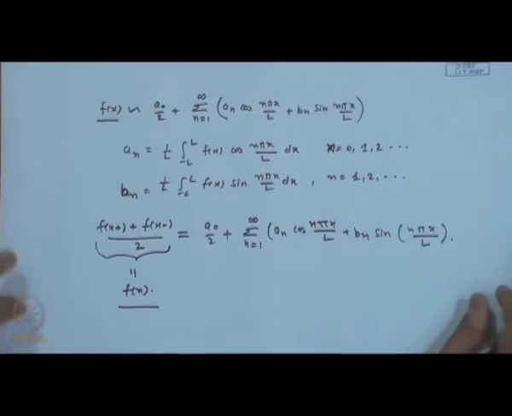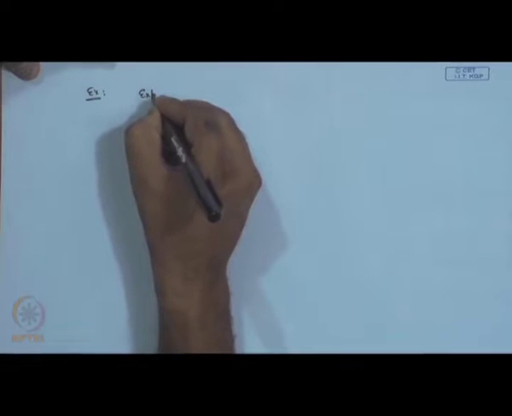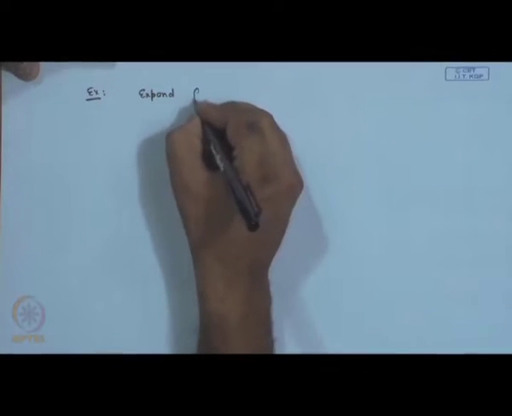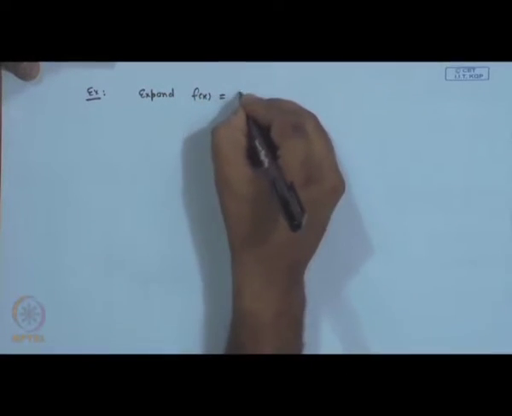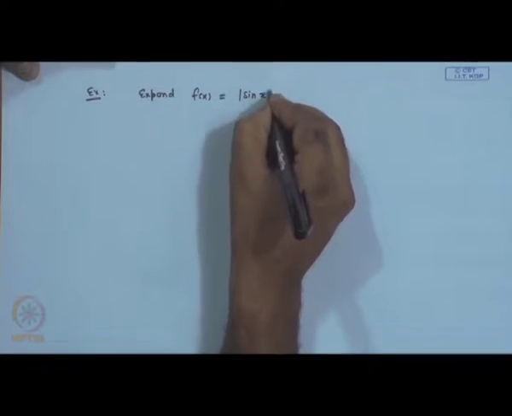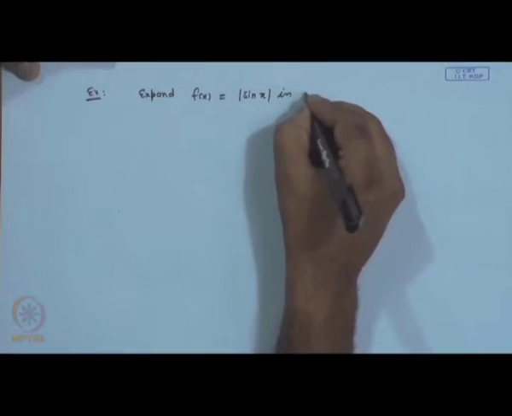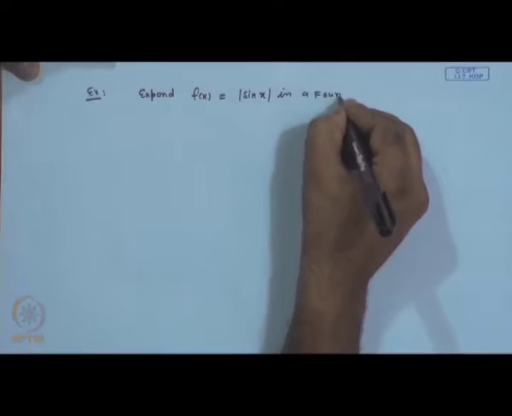So, now we continue with more examples, and the first example I consider here is: expand f(x) equal to modulus of sin x in a Fourier series.